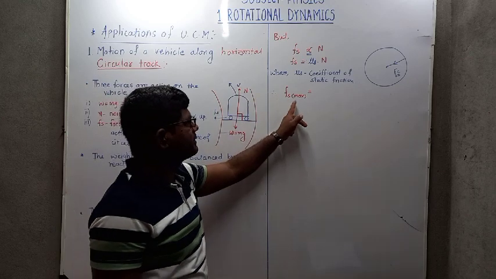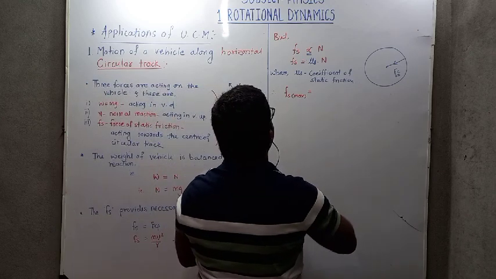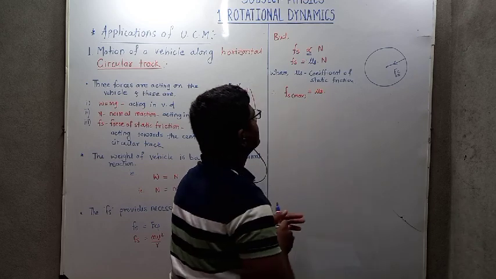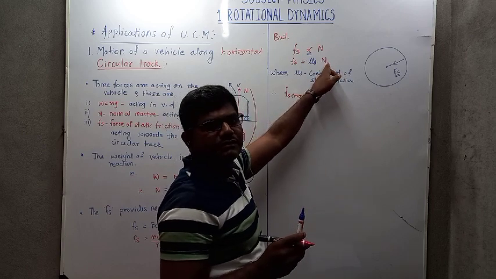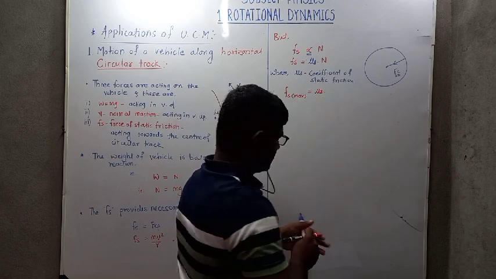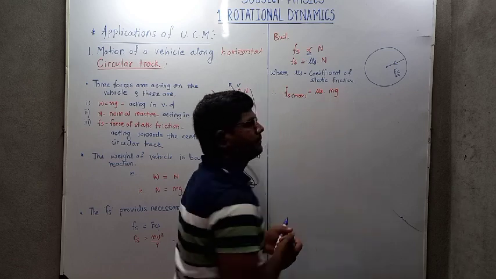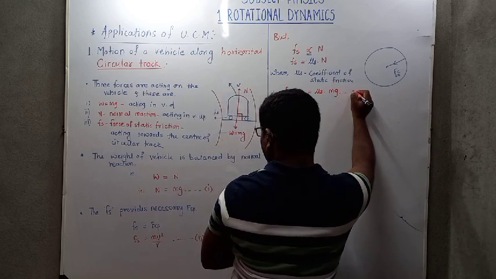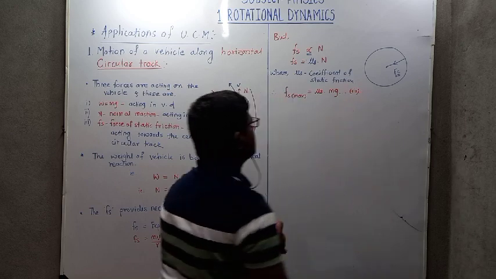That means Fs max is equal to mu s into N, and now here N is equal to mg. So instead of N, we substitute mg here. Fs max is equal to mu s into m into g. Write this as equation number 3.